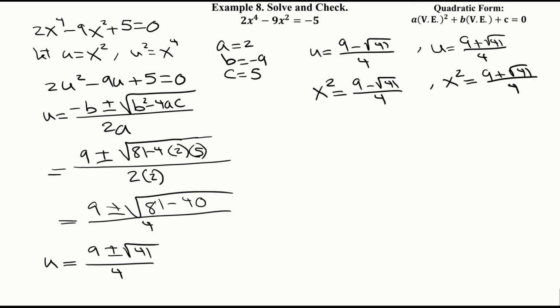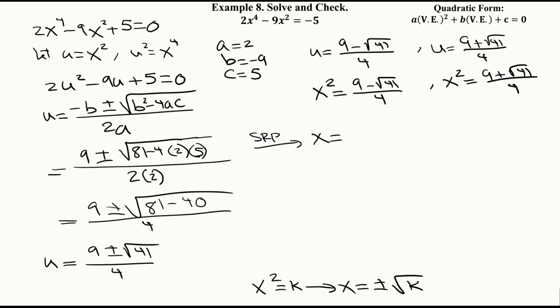So now we're going to apply the square root property twice. Remember, if you have x squared equals k, that implies x equals plus or minus the square root of k, whatever k happens to be. Well, k happens to be all of that, and in this case, all of this.